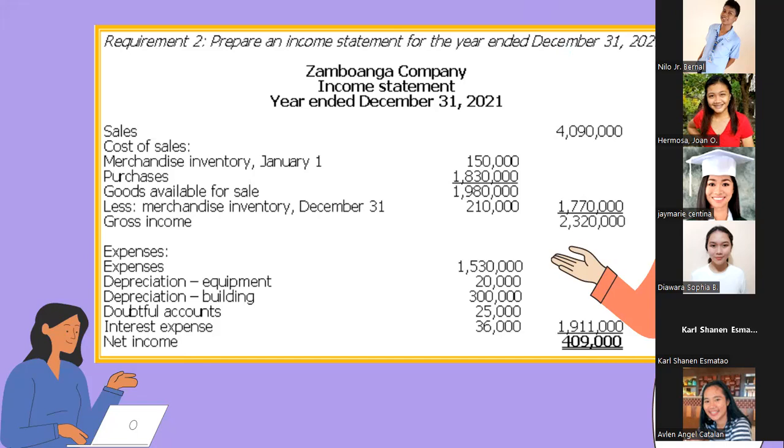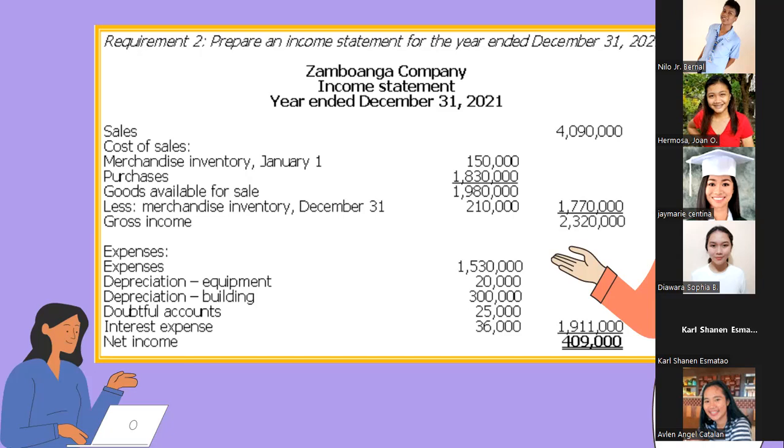How would you know? As there are no changes in the value of the building and the equipment, ma'am.